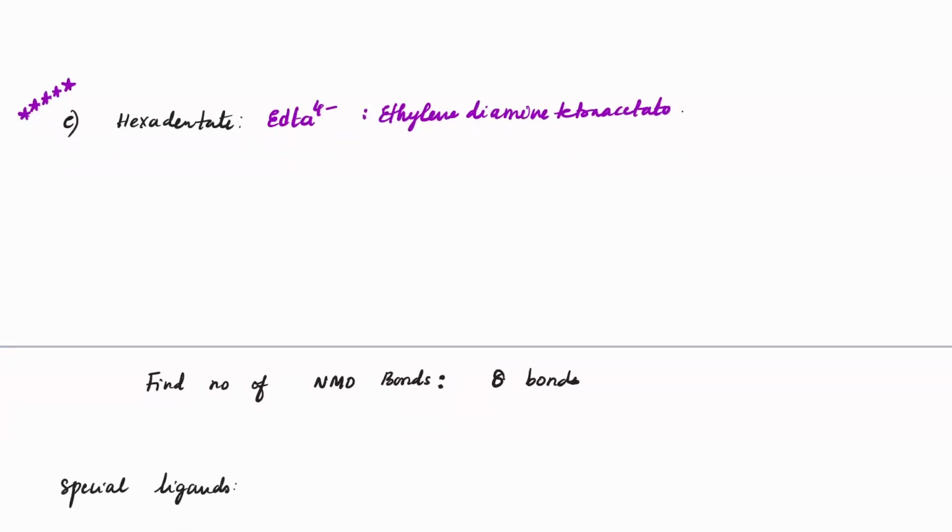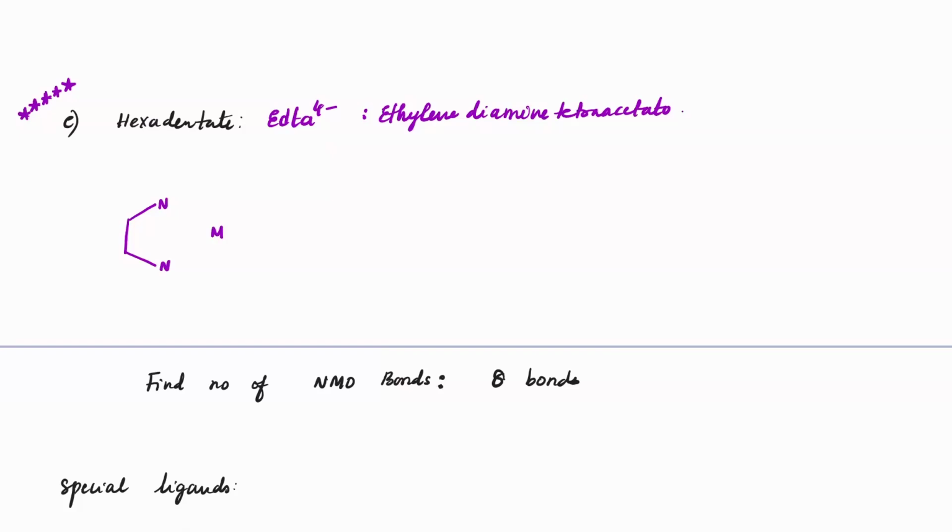Okay. So imagine we have ethylene diamine. So this is ethylene diamine. And now there is, imagine, a metal somewhere here, and it has six connections coming across. So how are the six connections coming?